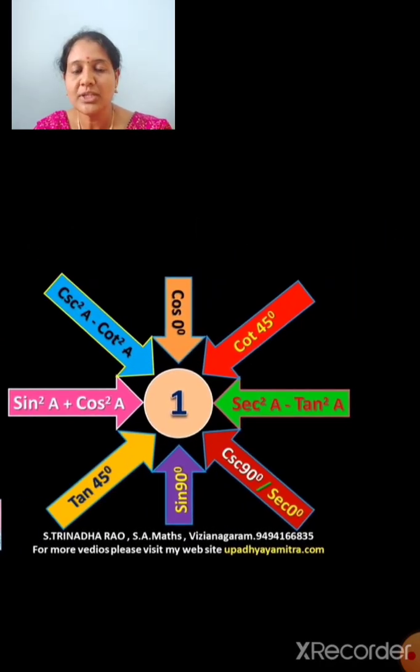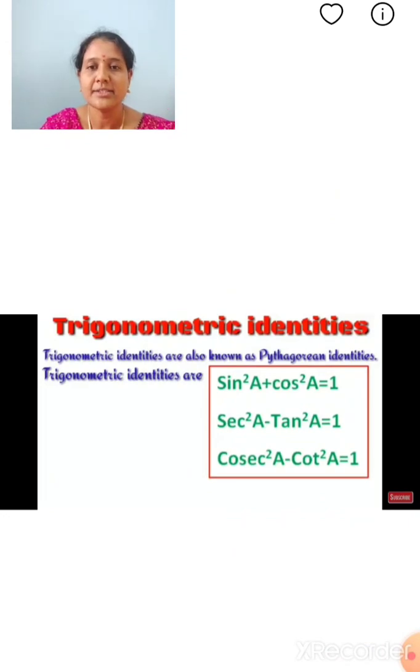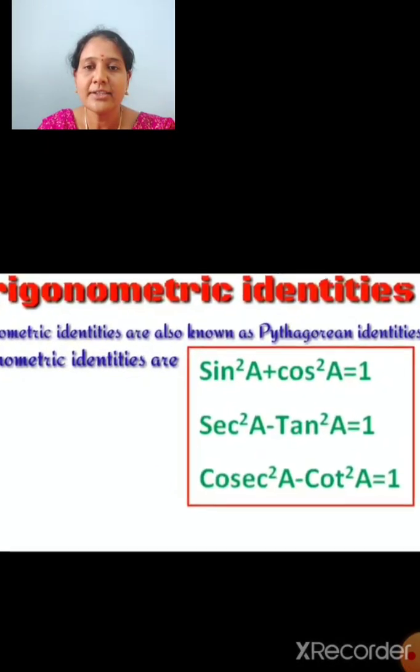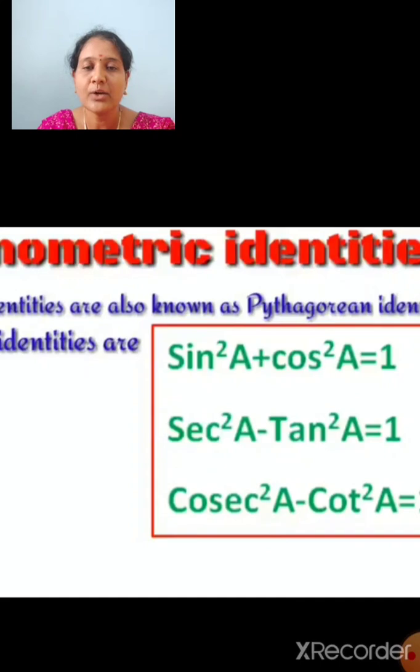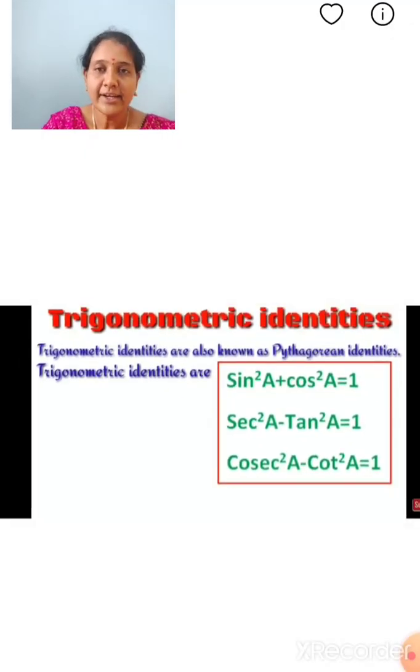So next, moving to the next concept, that is trigonometric identities. Trigonometric identities are also known as Pythagorean identities. Identities: in 8th class mathematics there are some algebraic identities.